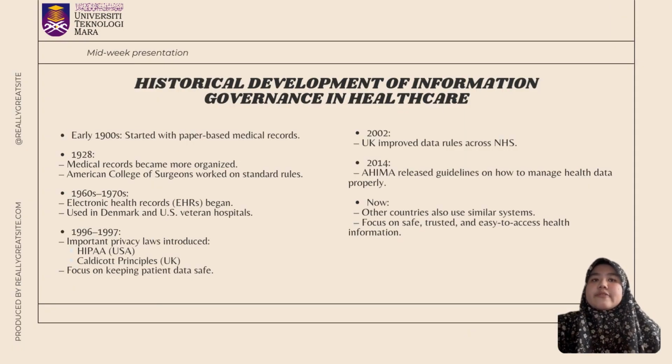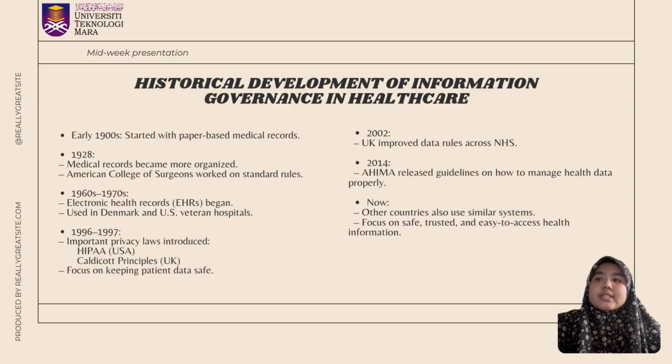Next, the historical development of information governance in healthcare. It all began in the early 1900s when hospitals used paper-based systems to record patient information. In 1928, the American College of Surgeons took a big step by working to standardize medical records. This was the start of modern health information management.